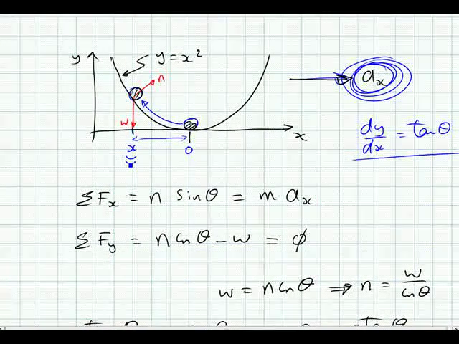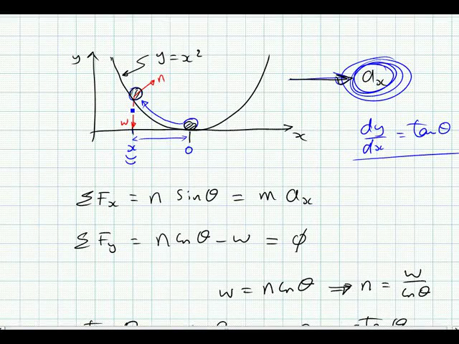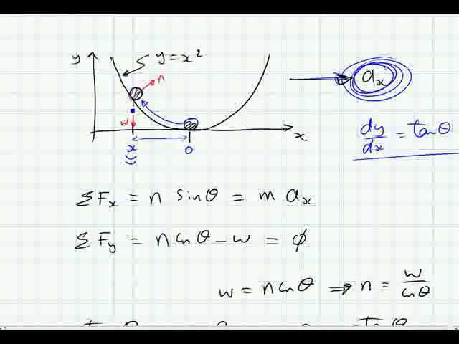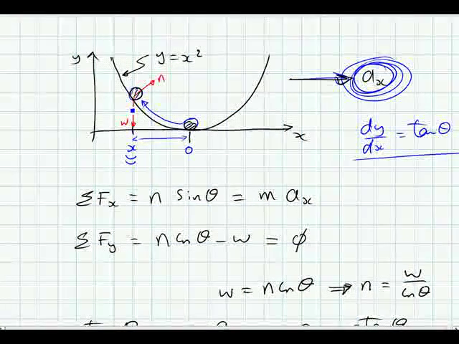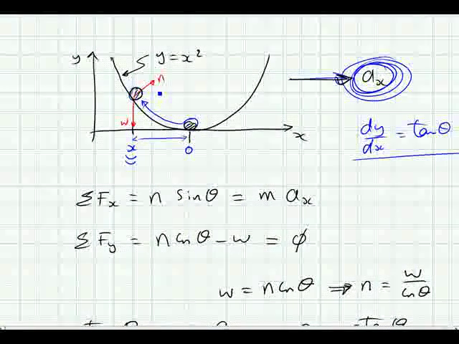Well, if we draw the forces acting on the object, the only two forces, of course, are the weight due to gravity and the normal force. I said that friction forces are negligible. These forces are shown in red in the drawing.